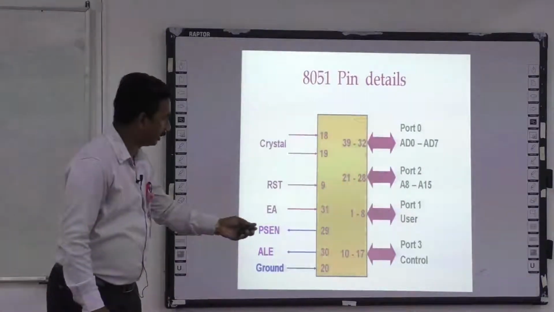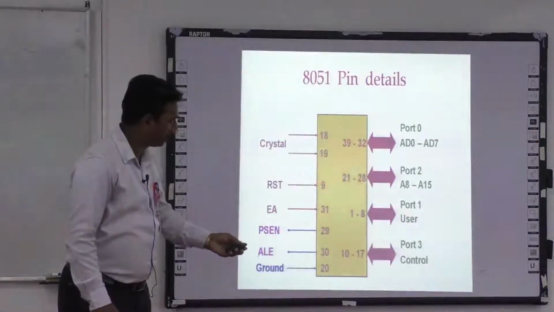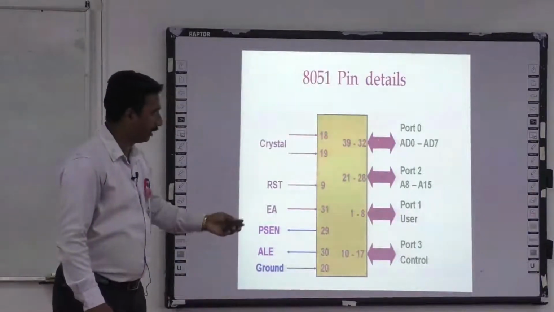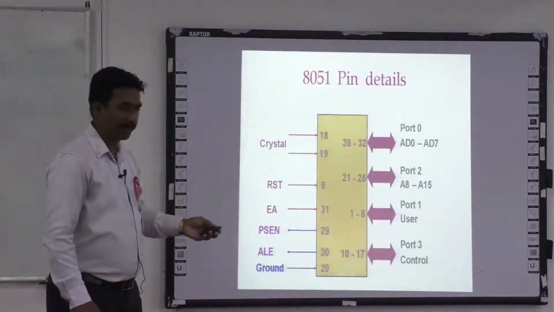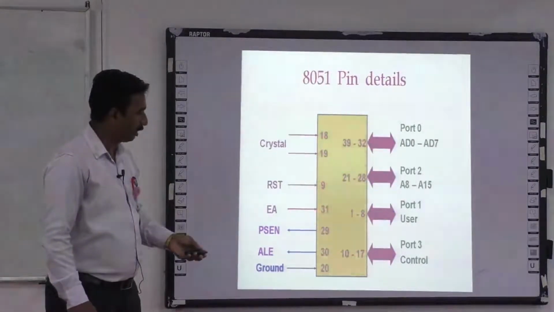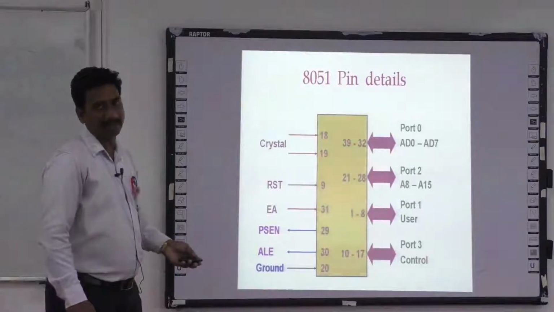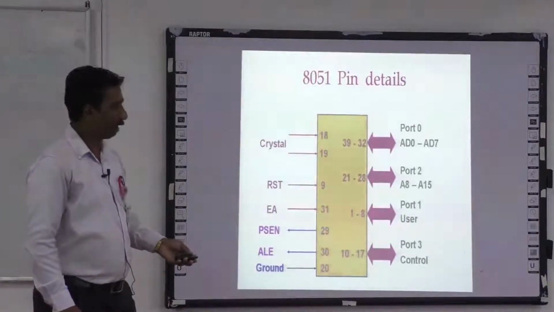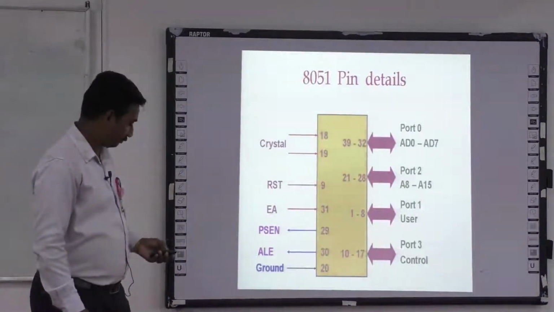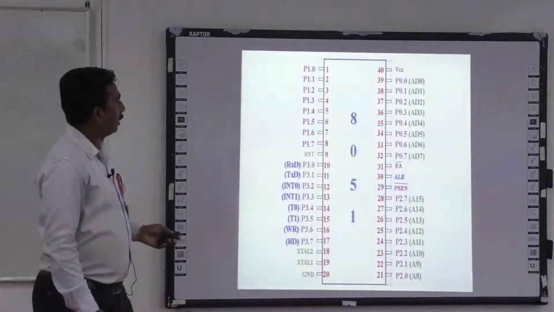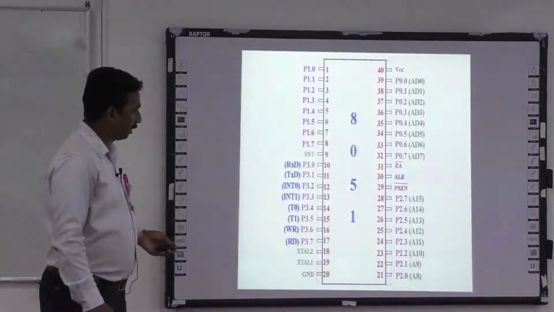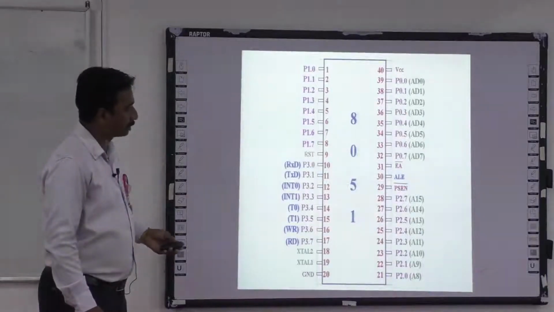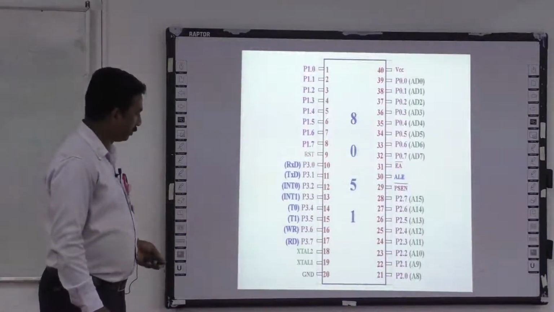So here we can see port 0, port 1, port 2 and port 3, and these are input output ports, able to connect to the external world, and we can control devices like motors, lights and fans, etc. And according to the pin number, we can see what facilities and ports are assigned.